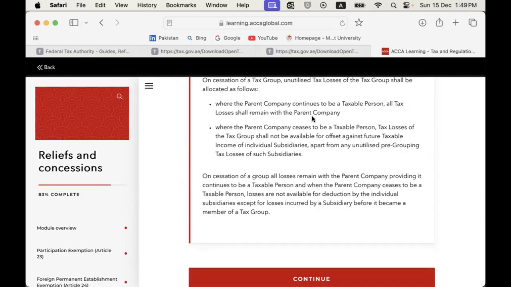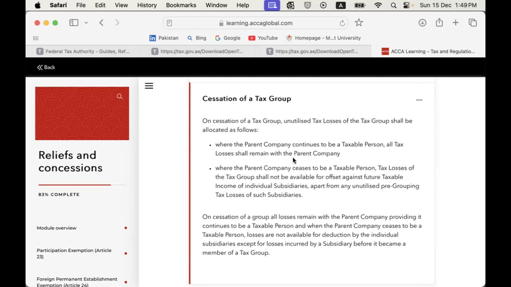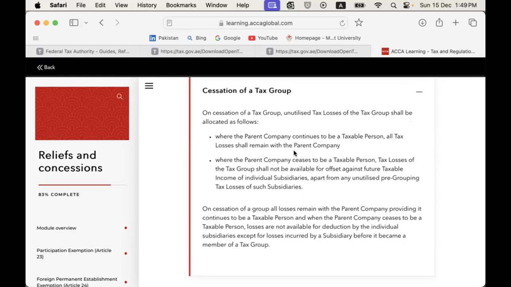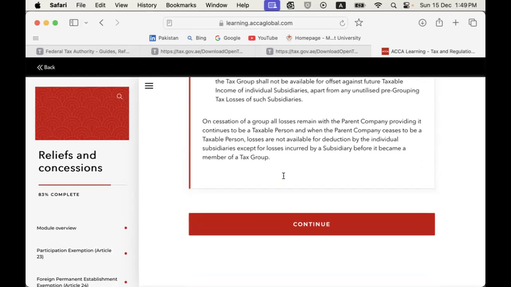Key point: where the parent company ceases to be a taxable person, tax losses of the tax group shall not be available for offset against future taxable income of individual subsidiaries, apart from any unutilized pre-grouping losses of such subsidiaries. So, this is a very key strategy point for a tax group. If any tax group is deciding to cease to exist, these are the two provisions that are going to play.